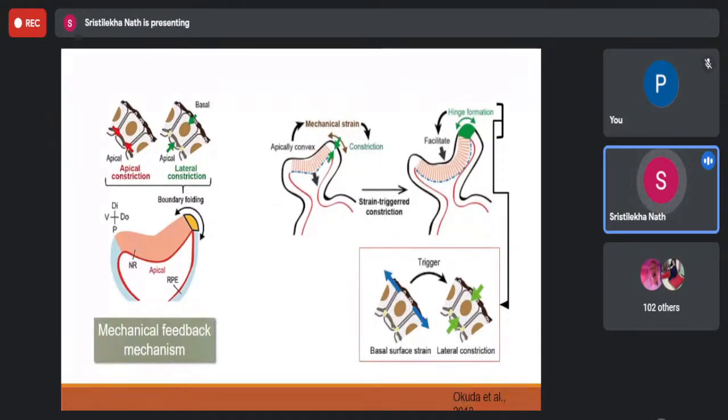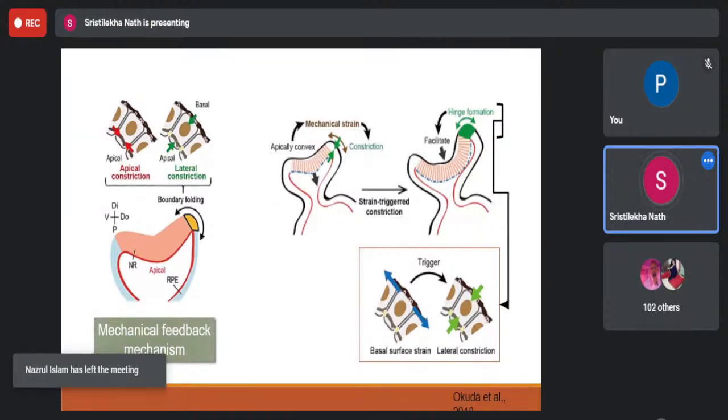I have shown here in the box below how the basal surface cells got stretched, or were under strain, that triggered the lateral constriction pointing towards the tissue thickness. That was triggering the formation of that hinge structure, or the boundary folding that we were talking about in the earlier case. And this hinge structure was facilitating the further invagination of the NR tissue in an apically convex direction.